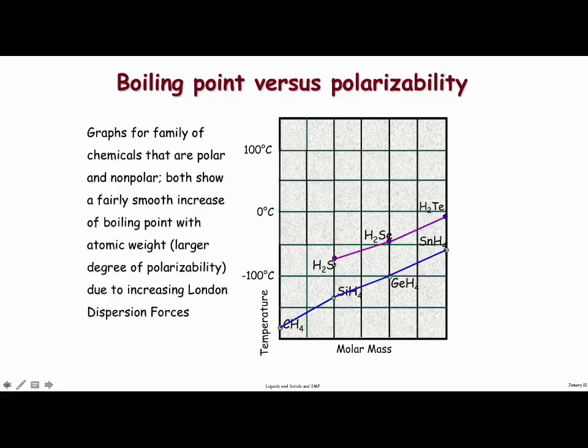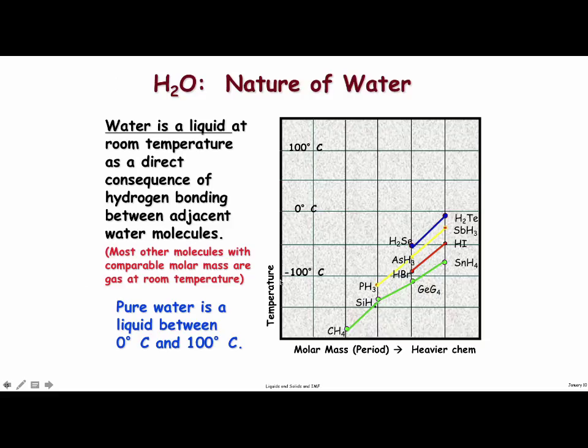You would expect, based on this trend, that oxygen dihydride, or dihydrogen monoxide, would have a boiling point of about -100. Instead, as we continue down the series, what you see is that water, H2O, this trend right here in blue, goes up, not at -100, but at +100.